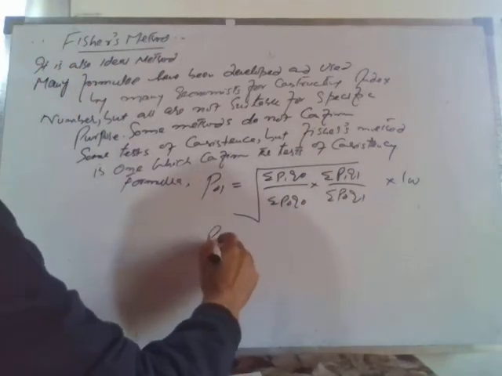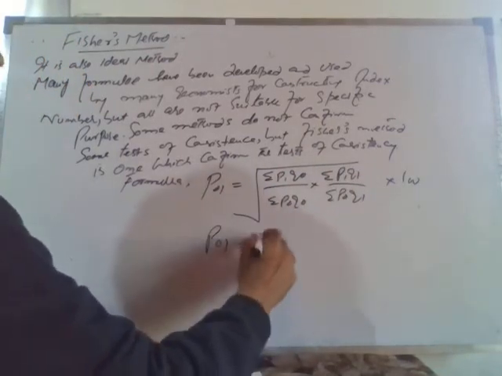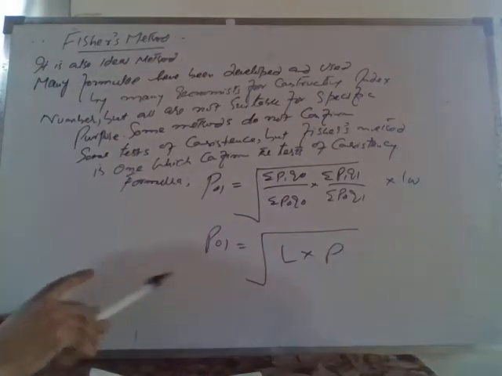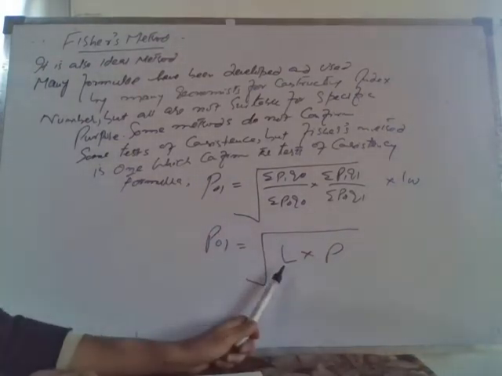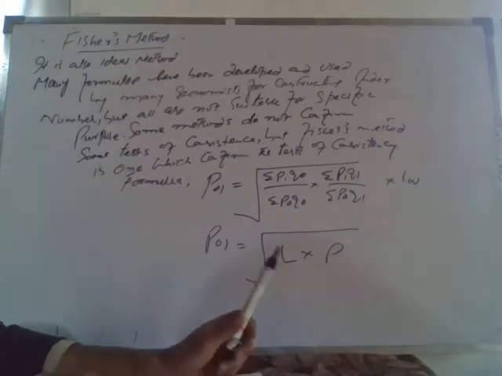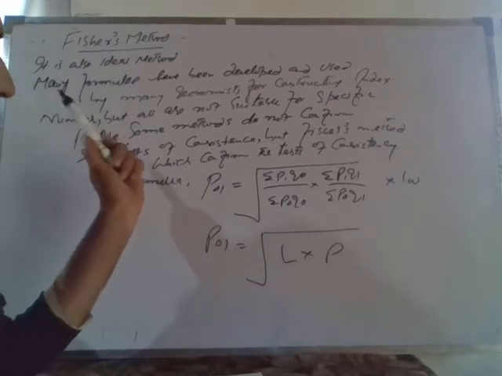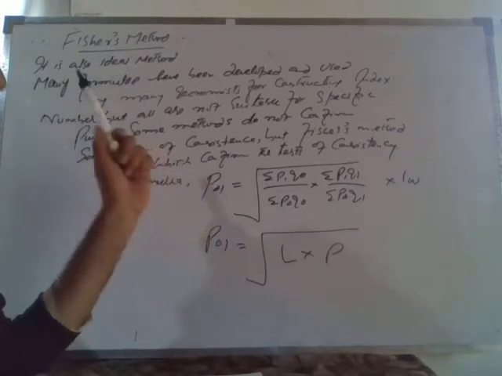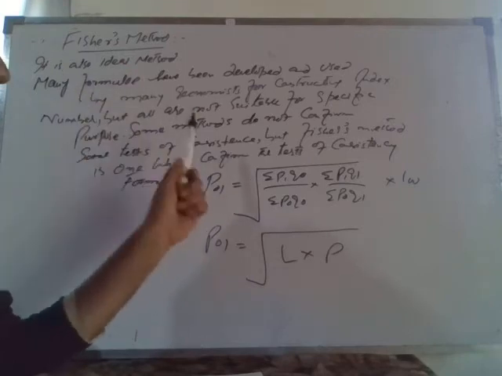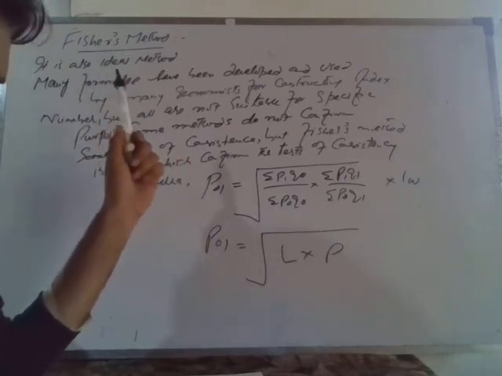That is, we can write it as the square root of L into P, Laspeyres' method into Paasche's method, under a root. So this is the ideal method, which passes the tests of consistency.